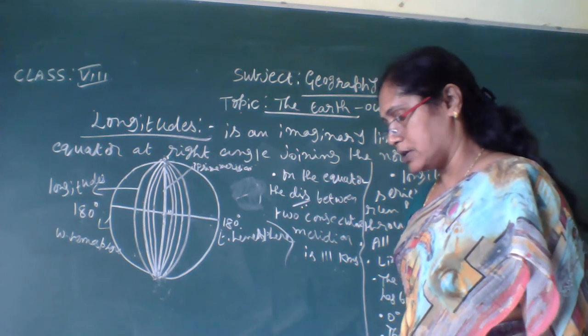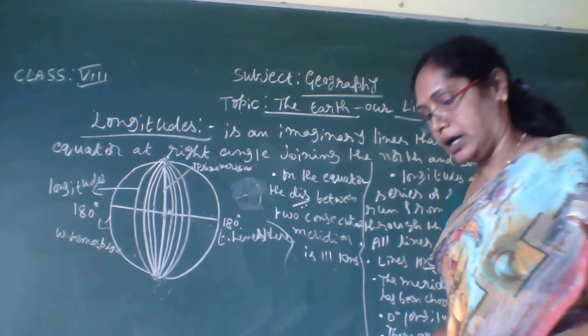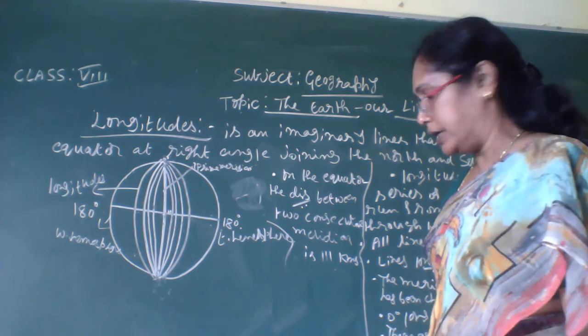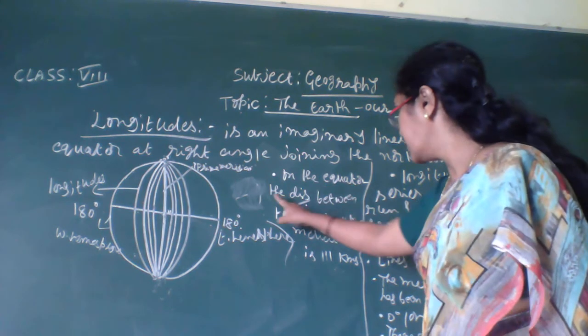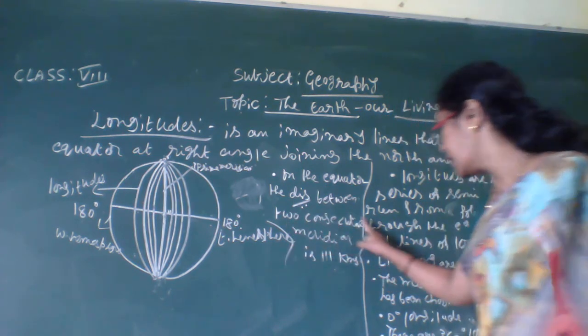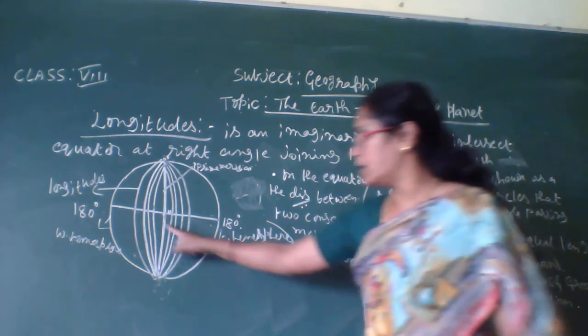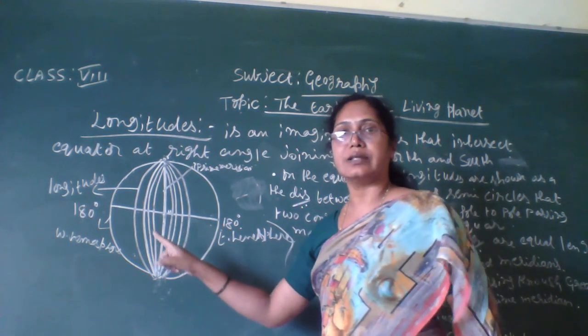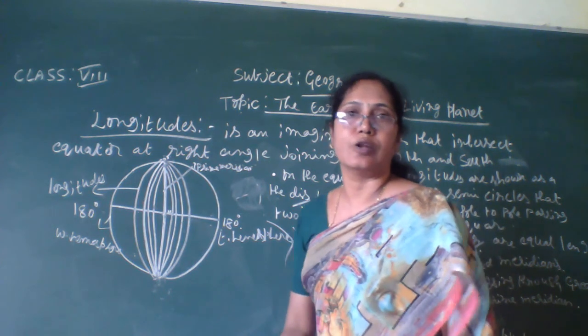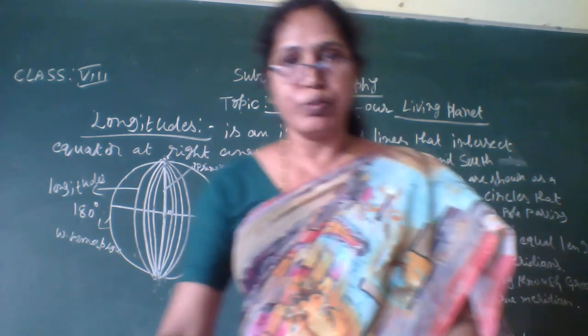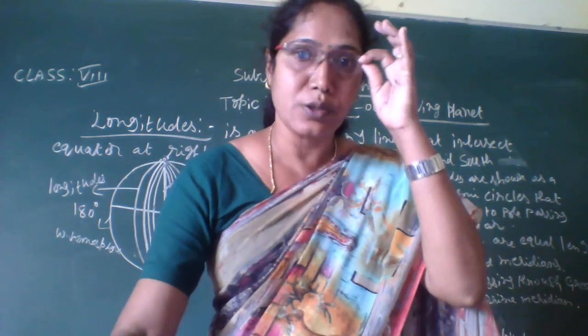This is because the meridians converge at the two poles. On the equator, the distance between two consecutive meridians is 111 kilometers. So I hope you have all understood. Thank you. See you in the next class.